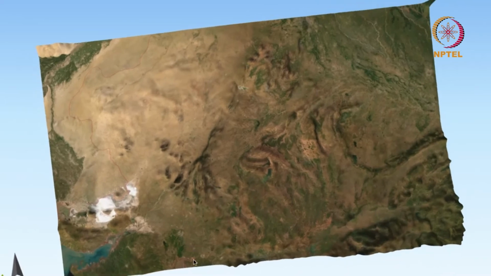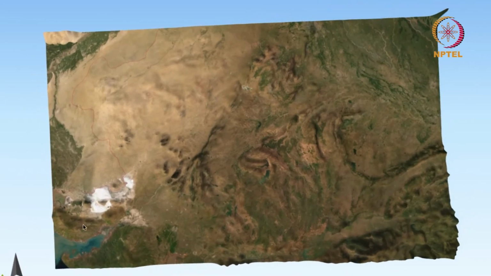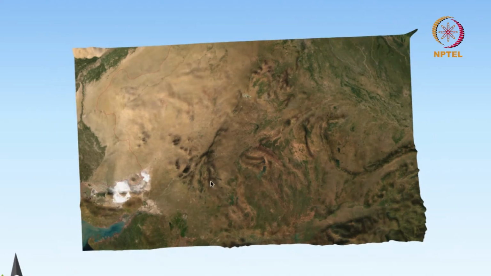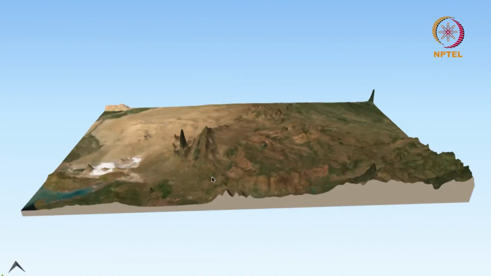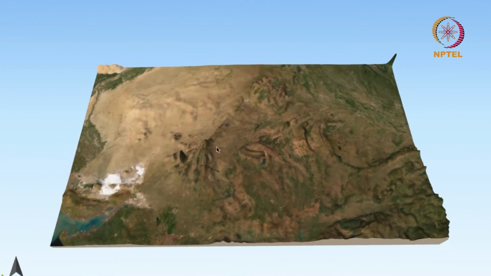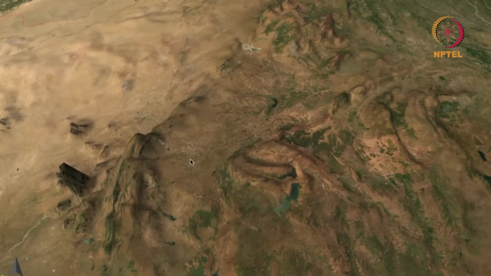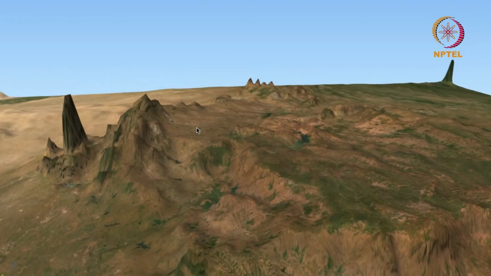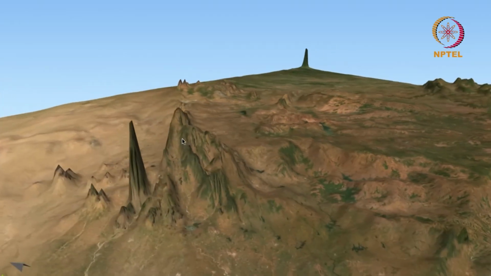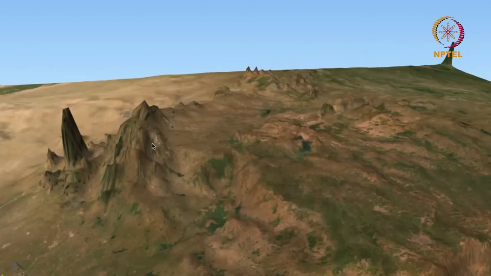Now if we look at this model, here we have Gujarat, this is Rajasthan. Now you will observe that the Aravallis are roughly in the southwest to northeast direction. So they move like this, which has important ramifications for the climate of this area.